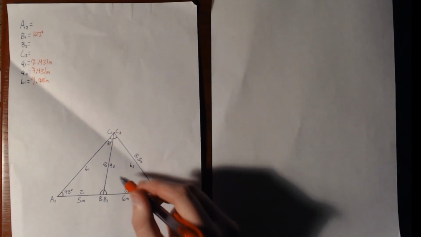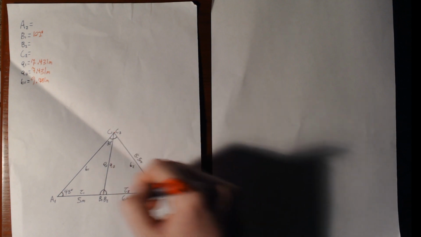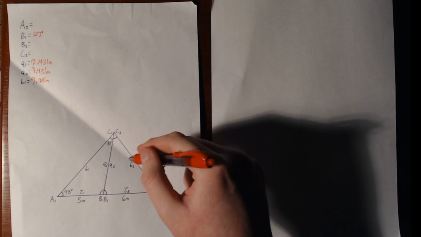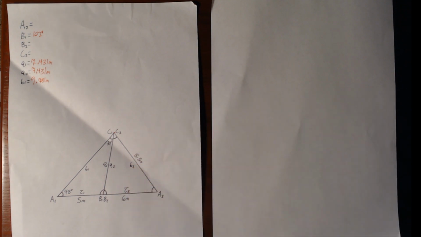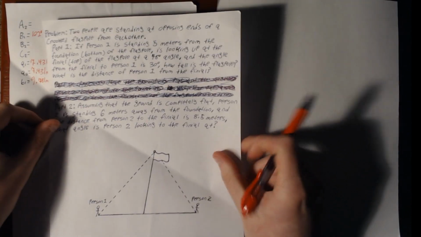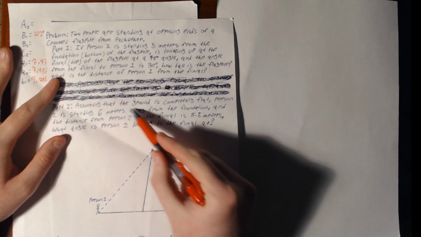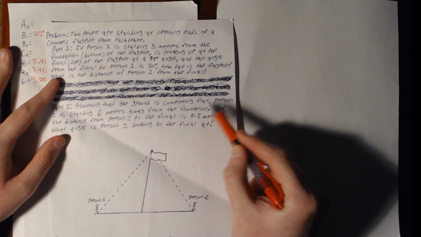So what do we do now? Well, if you look over to the second triangle, we do have 2 sides, but we don't have any degrees. We don't have anything to work with the sine function, or so you think. If you were paying attention to the previous question right here, you would notice that at the beginning of part 2, it says that assuming that the ground is completely flat.